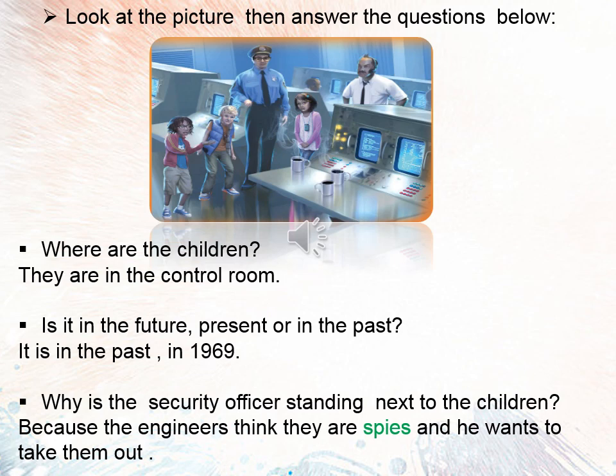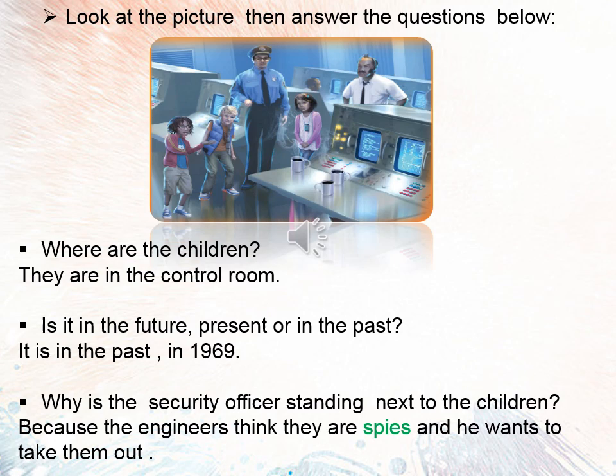Now, why is the security officer standing next to the children? Do you know? Yes, because the engineers think that they are spies and he wanted to take them out.